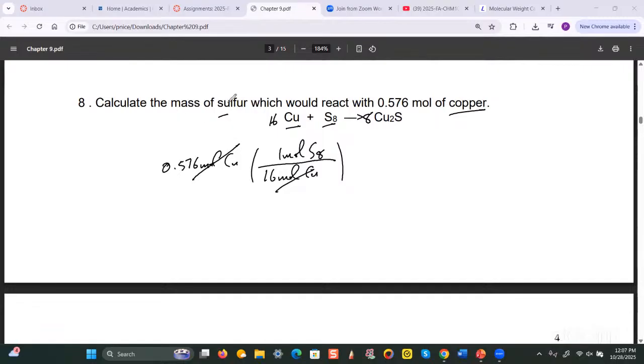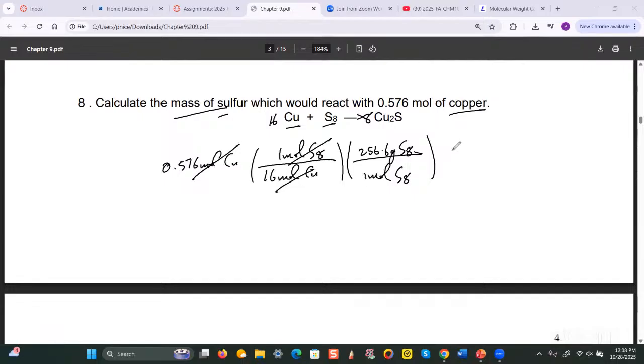And then now to get a mass of sulfur, I need another conversion factor where 1 mole of S8 will be equal to the molar mass of sulfur, which is 32.07 times 8. So that's 256.6 grams of S8.